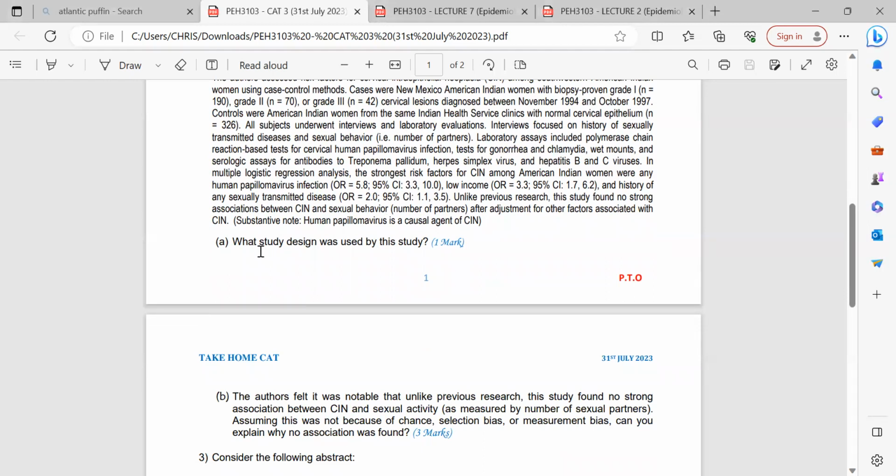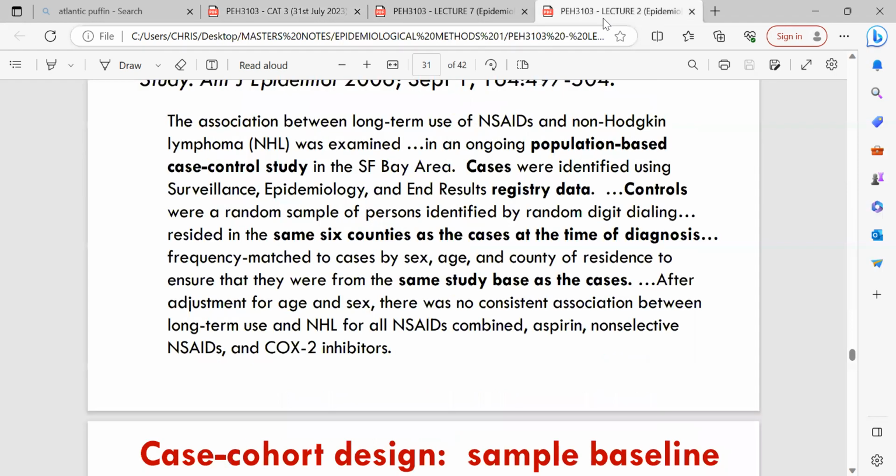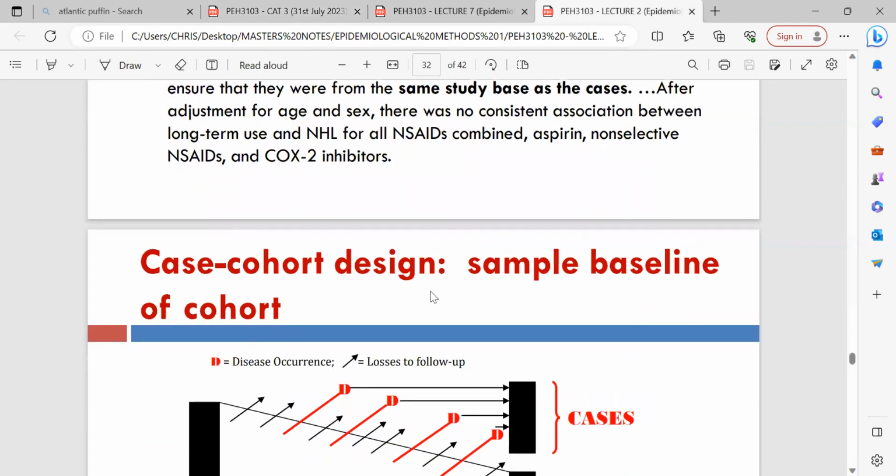Case control, we already know it's a case control, but which type of case control? Because we have different types, we have the nested type. Which type of case control study? That is why I was looking through this lecture to see if we have different types.